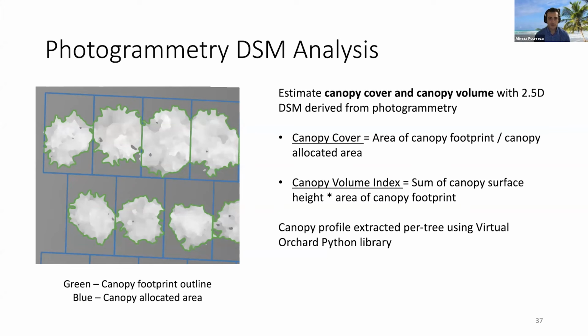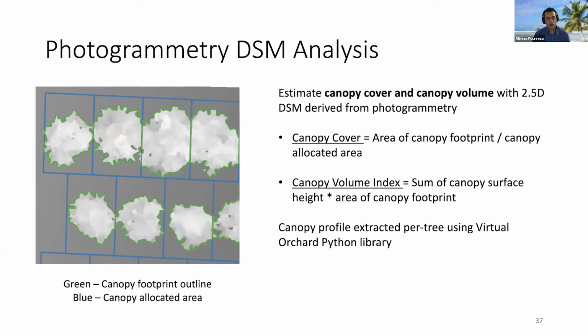That's called PAR interception, and PAR interception is highly correlated to the yield and to nutrition requirement, also to water requirement.